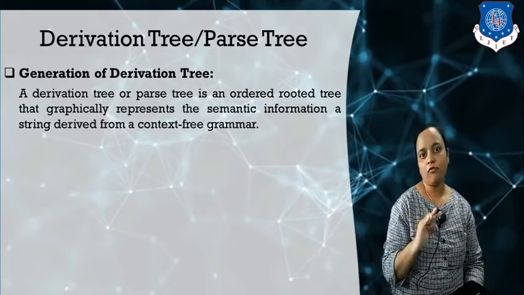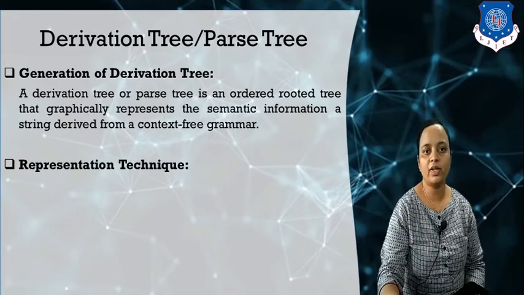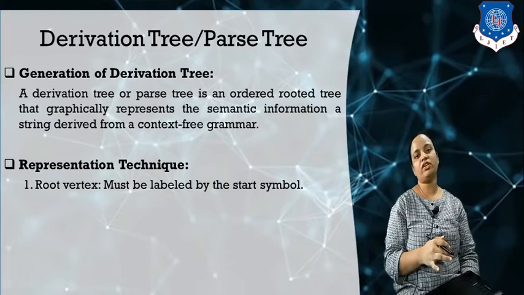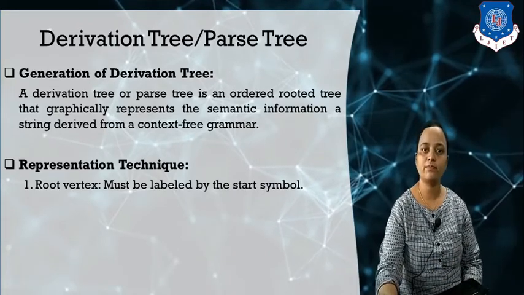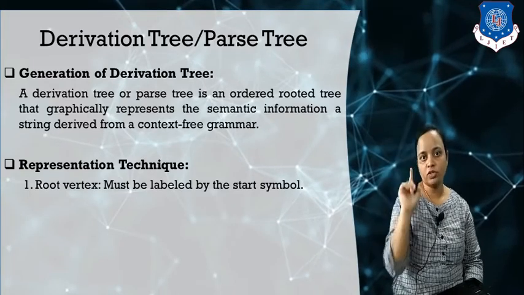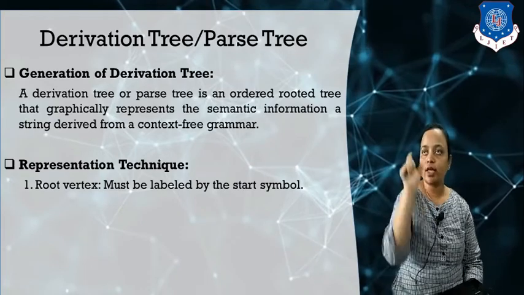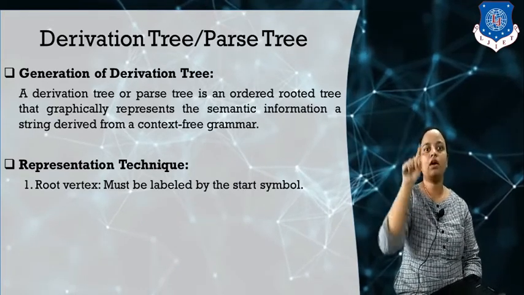What are the nodes that a derivation tree contains? The representation technique for the derivation tree: first is the root vertex. The root vertex, the node which is always the topmost symbol, is always the start node, and the start node must be a start symbol.